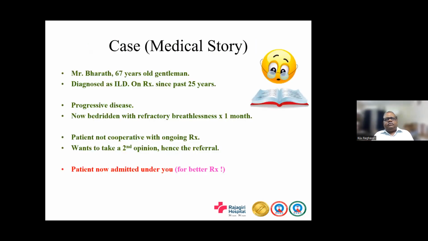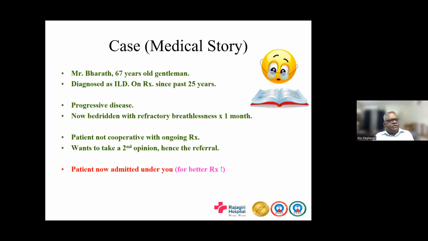And a small medical story. Mr. Bharat, who is a 67-year-old gentleman, was diagnosed as having interstitial lung disease and has been on treatment for the past 25 years. It's a progressive disease, and now he is bedridden with refractory breathlessness of about 1 month duration.